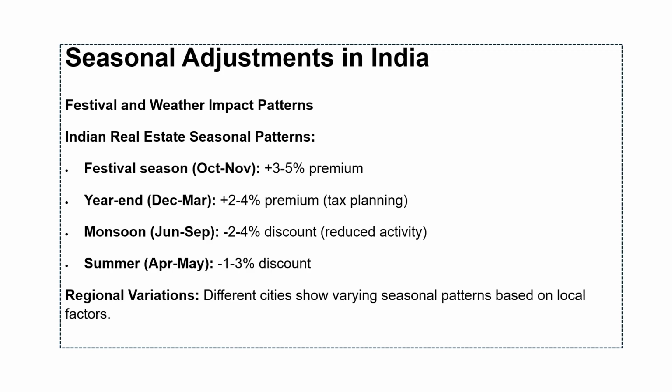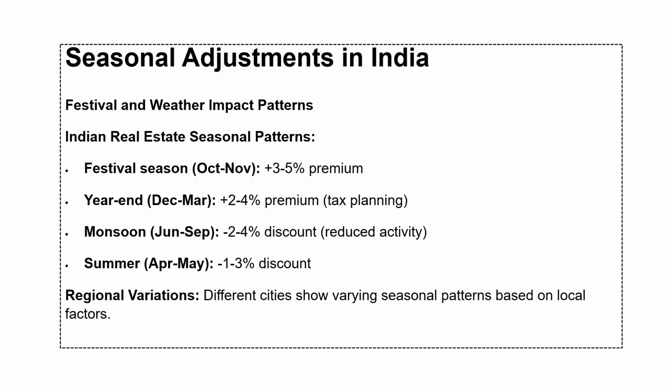Then summer months also show a dip. This period often provides negotiation opportunities for buyers willing to conduct transactions during less favorable weather. So, regional variations in seasonal patterns reflect local climate and cultural practices, and they also impact the adjustments.